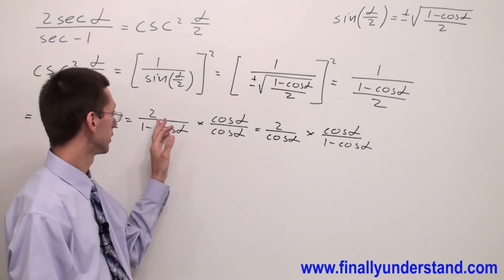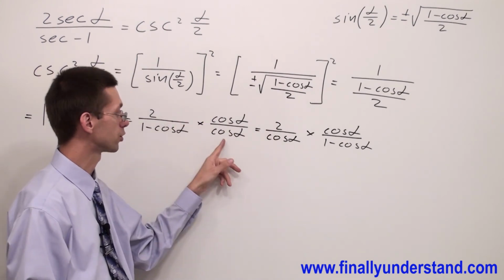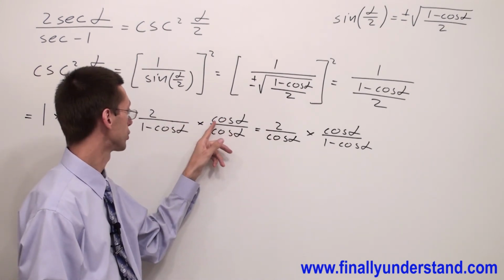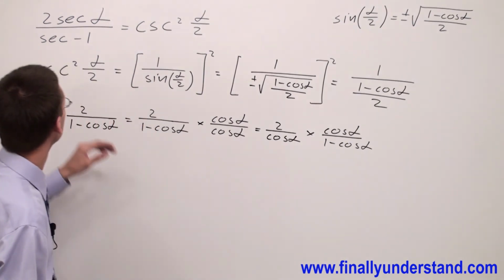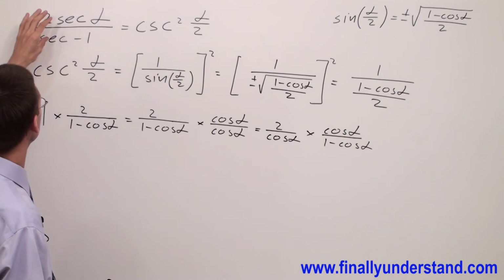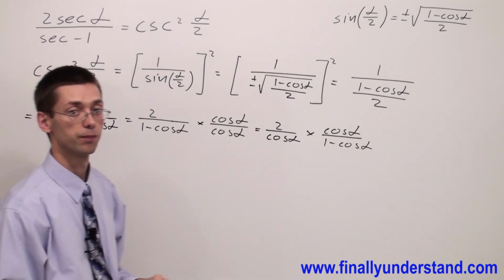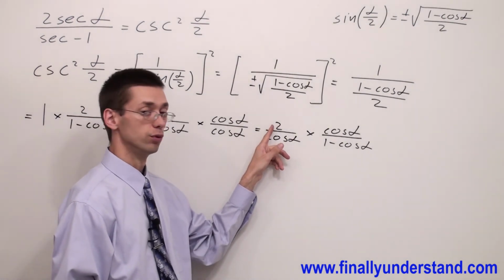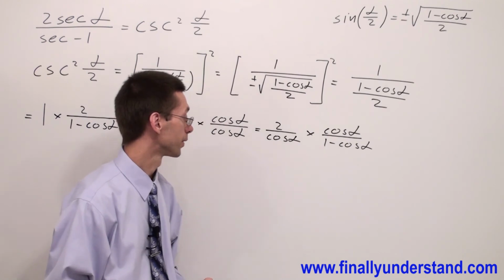Why I keep 2 over cosine, and this cosine over 1 minus cosine alpha? Because on the left side of my original identity, I have 2 secant alpha. 2 over cosine alpha is 2 secant.